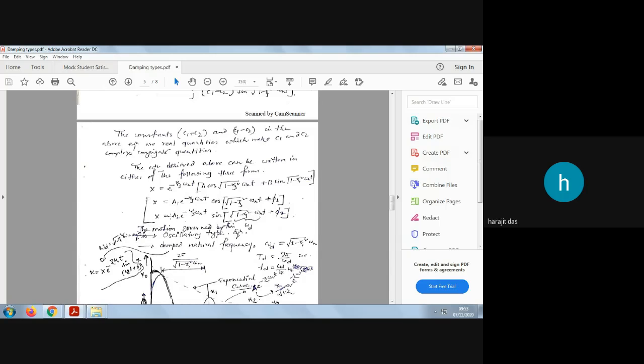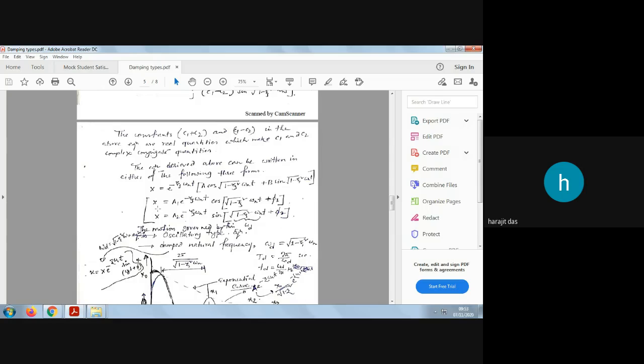So if you find the value of a2, what will you get? It will be x naught divided by under root 1 minus zeta square. And here all these terms will change. So this is a homework for you, you need to solve it.